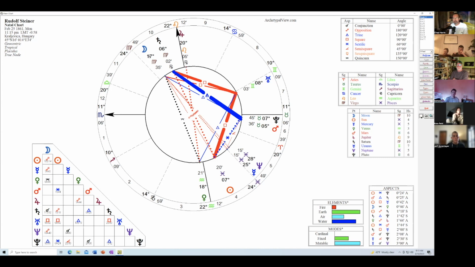And just to go into it a little bit, the Mercury-Neptune is the primary aspect that we really see in Steiner, which is his focus on thinking. Mercury is the mind, the way we think, the way we communicate, the way we recognize patterns. It's the messenger of the gods, the communication principle.